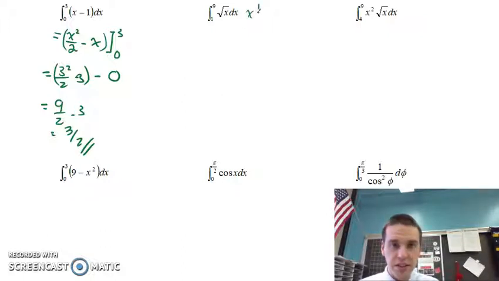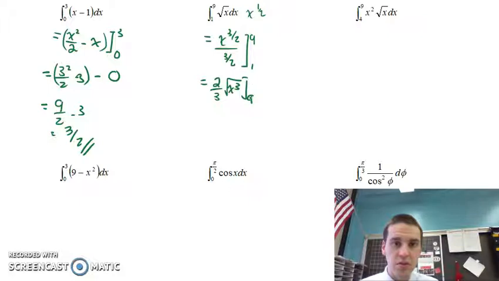Let's try this one. We know we can rewrite this as x to the 1/2. And so we're going to get x to the 3 halves divided by 3 halves, from 1 to 9, which is really 2/3 x square root of x cubed. Excuse me, from 1 to 9.